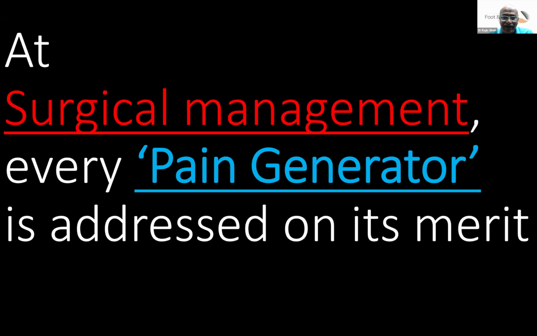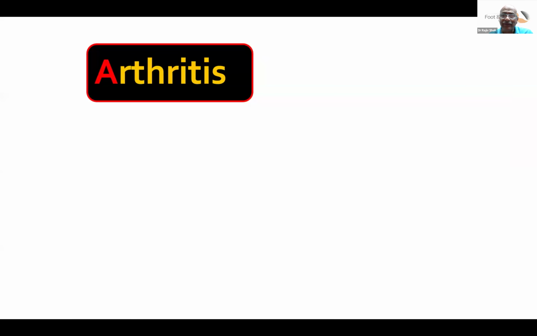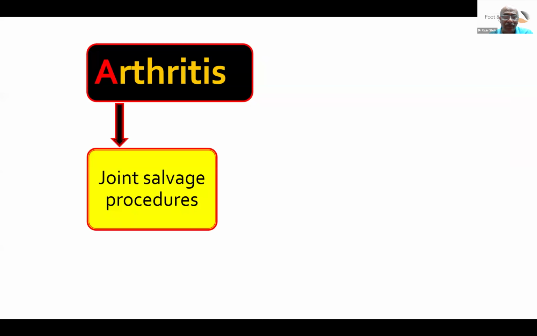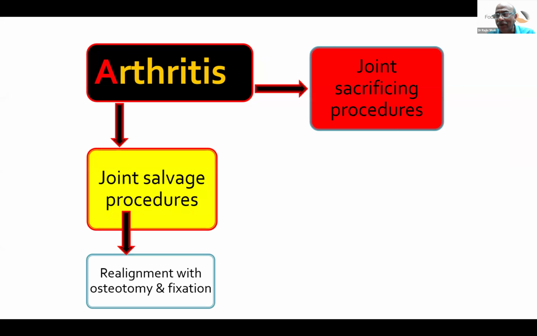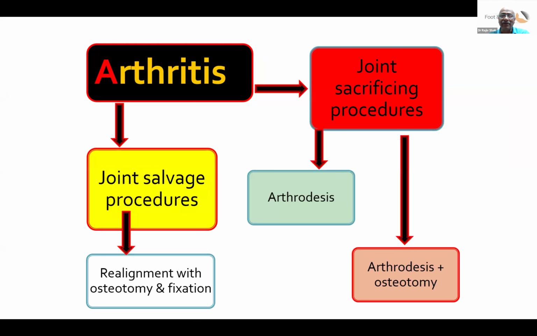In surgical management, every pain generator is addressed on its merit. So if there is an arthritis, you could think of doing joint salvage procedures in the form of realignment with osteotomy and fixation. But most often than not, for arthritis, you end up doing joint sacrificing procedures in the form of arthrodesis, plus or minus osteotomy.